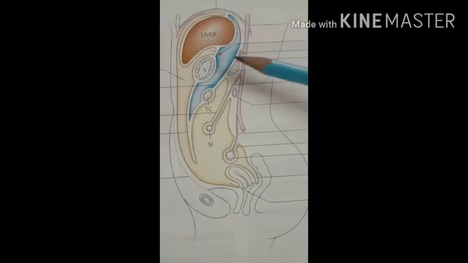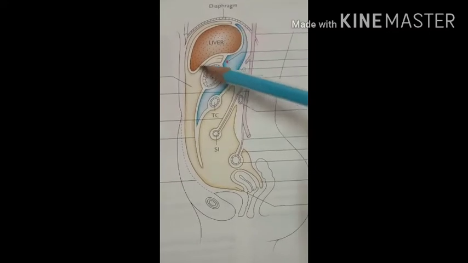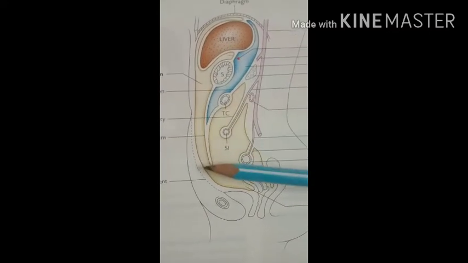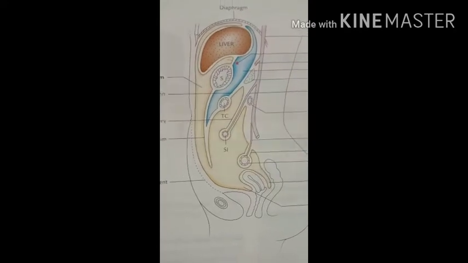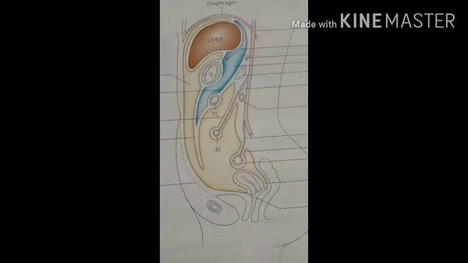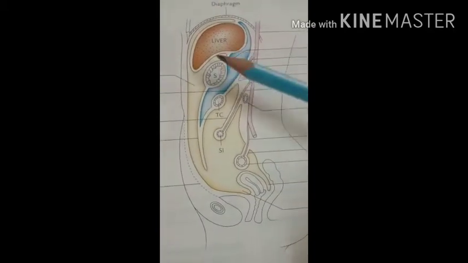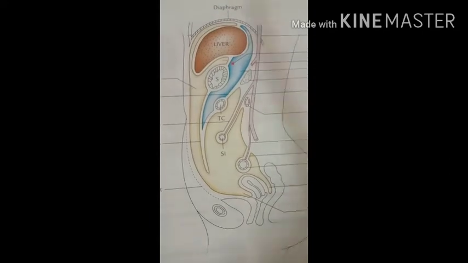According to the different organs, the peritoneum forms folds, and the folds are given different names. Firstly, we have to see how the peritoneal layers, the parietal and the visceral layer, cover the organs.